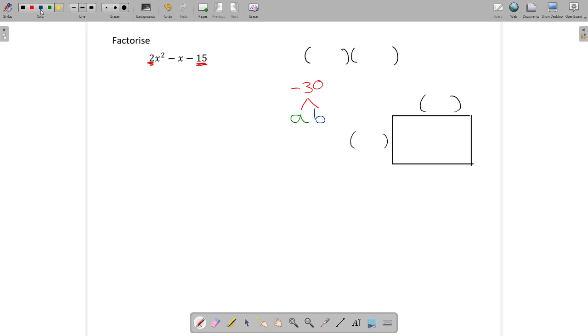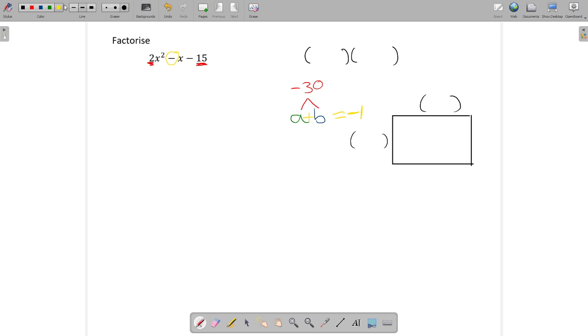And if we take these exact same factors and add them, they should equal the coefficient of the middle term. In this case, you'll see it's minus 1. Okay, so let's see if we can find these factors.